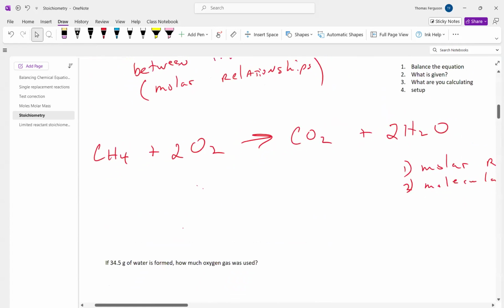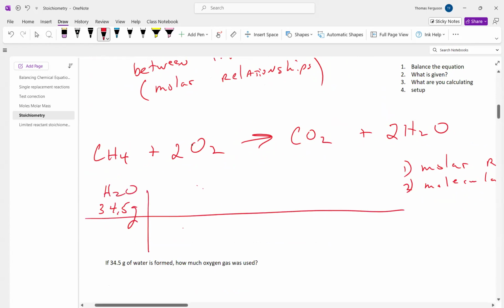Okay, so we're looking at water and oxygen. What's given again? 34.5 grams of water. And we're trying to calculate oxygen gas. Now, in this class, I'll always say oxygen gas.